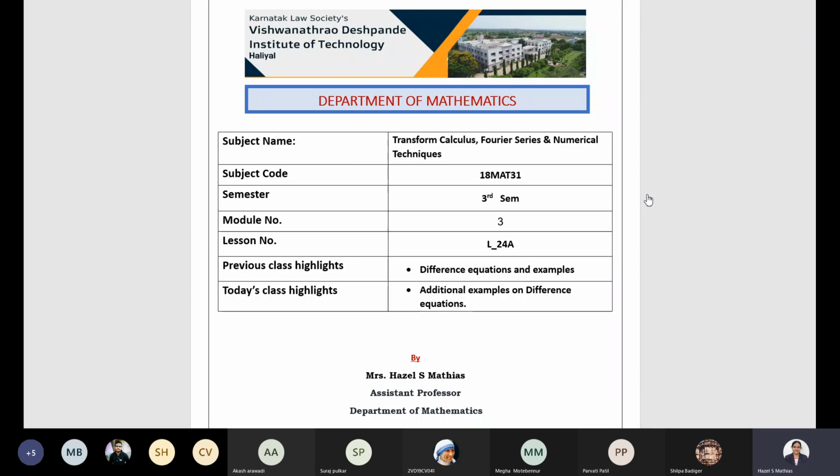Those who have learned this before will be more thorough, and for those who have come new now, the lateral entry students, it is also going to be a revision, so the concepts are more clear. Okay, so let's begin with today's class.